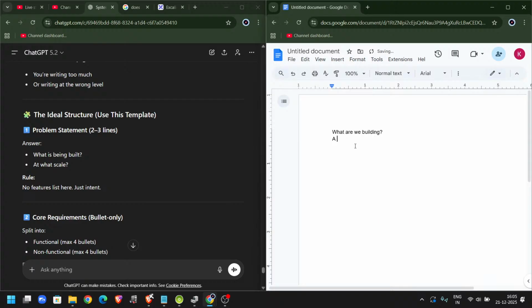A URL shortening service at a scale of 1 million read requests.